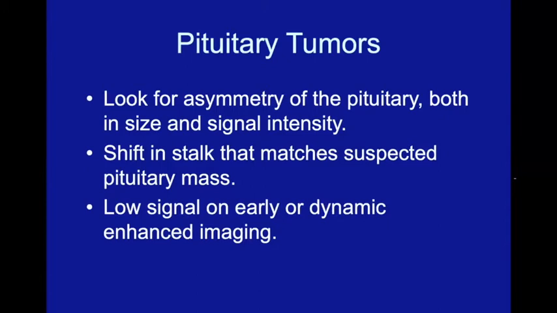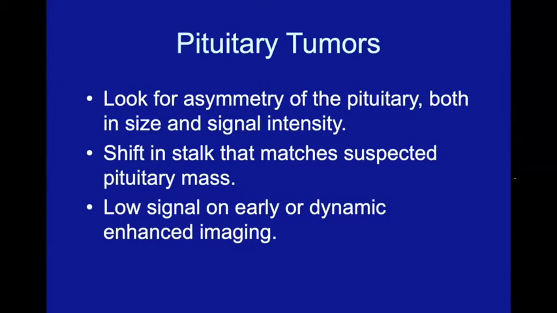So the tumors frequently will have a different signal intensity than the normal gland. Look for a shift in the stalk. Now the stalk is not always midline, so you want to be careful not to oversell that finding, but make sure that it matches the mass effect. So if you see a right-sided pituitary mass and the stalk is displaced to the other side, that makes sense.